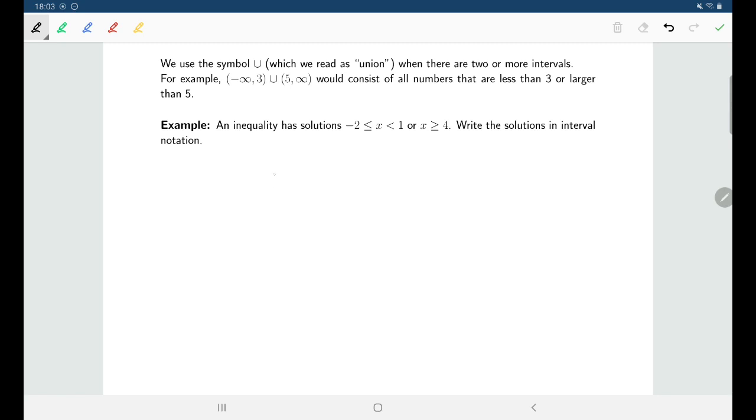So I have all the values from -2 to 1, including the -2, not including the 1, together with, or, all the values which are 4 or larger. So everything from 4 to the far right. And so we're including the 4, so square brackets, round bracket around the infinity, because of course that's not a number, so it can't be included.